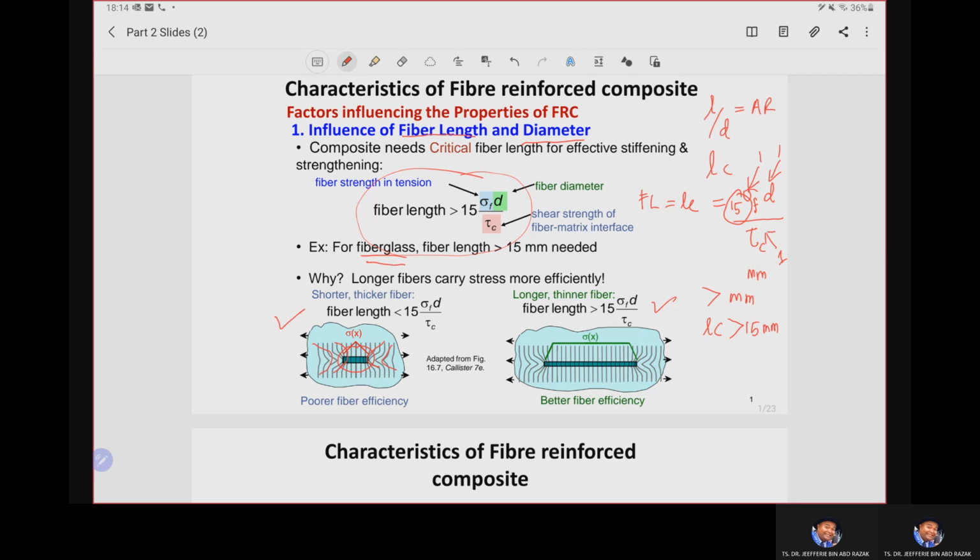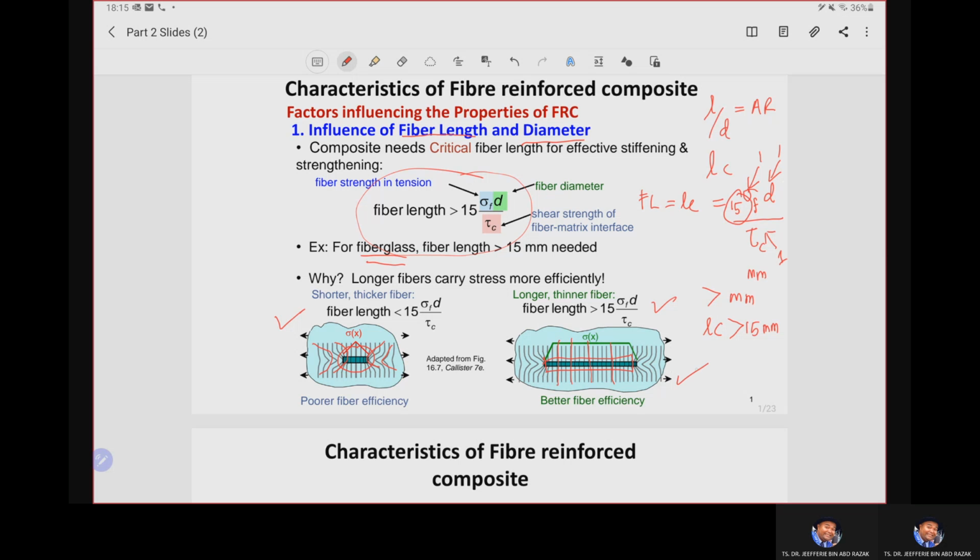This is not the case for the longer fiber here, where you can see the load given is homogeneously distributed or evenly shared by the matrix and the fiber. The fiber reinforcement becomes very effective, and in this case the continuous fibers are able to give significant improvement in the composite strength at the end.